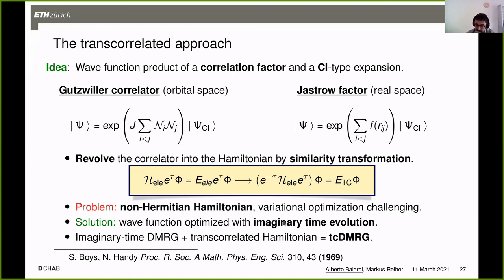But what has been shown in these works based on full CIQMC is that imaginary time evolution does not suffer from this problem, basically because it doesn't have to calculate both bra and ket, but just calculates the ket. And so it works as well for a non-Hermitian Hamiltonian as it does for Hermitian ones. So combining imaginary time evolution with a non-Hermitian Hamiltonian is what we call transcorrelated DMRG.